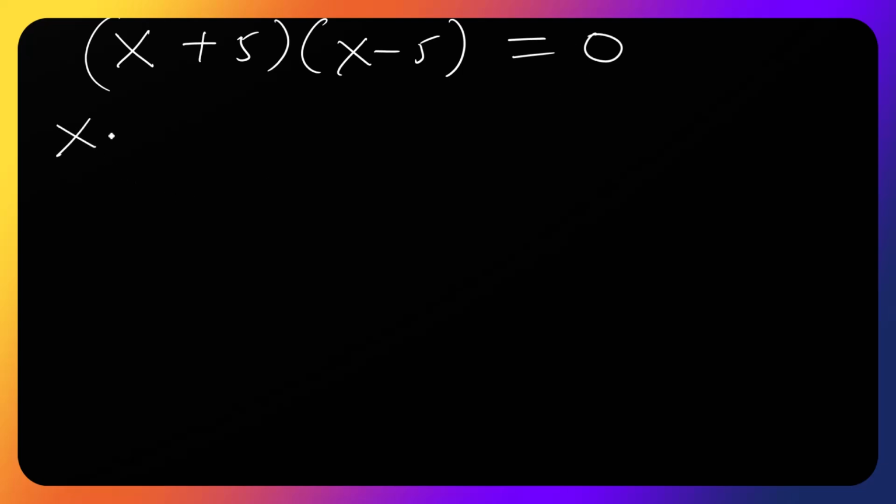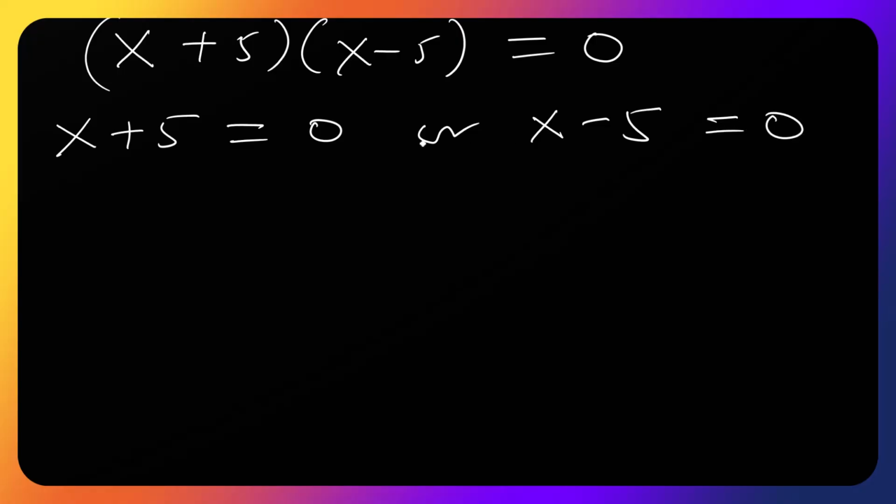So we have our first solutions, x plus 5 equals 0, or x minus 5 equals 0. So from here, x equals minus 5, then x equals 5. So we have two solutions here.